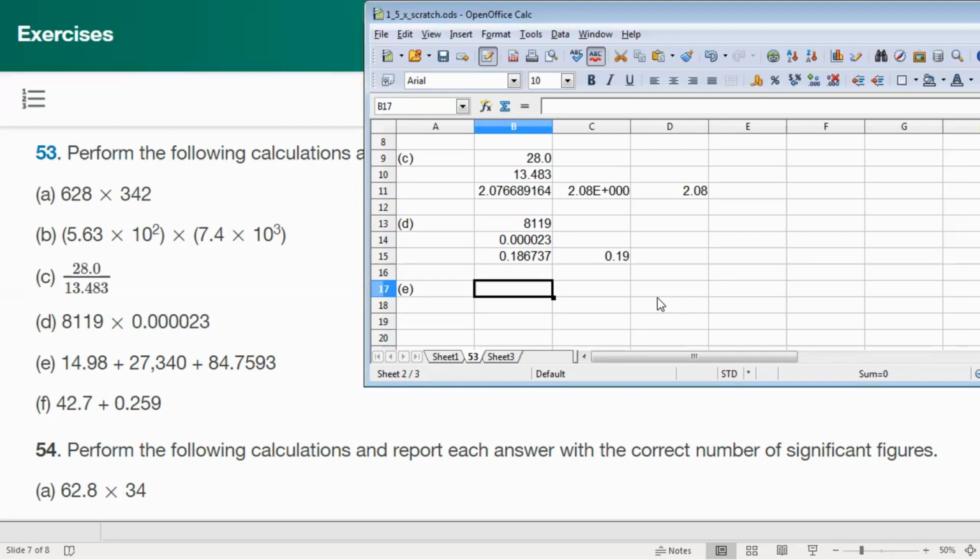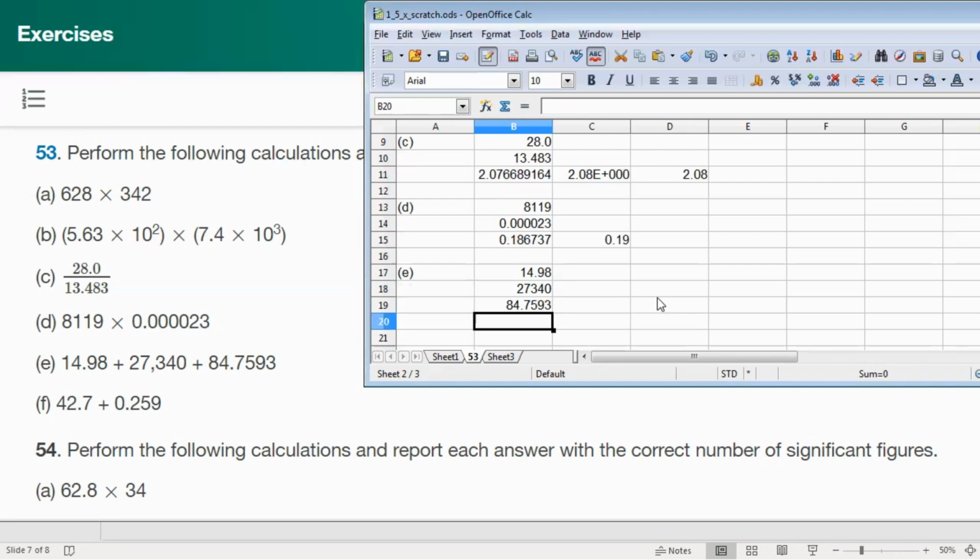All right. E is going to be interesting because this is an addition. It's 14.98, 27340, 84.7593. Now what we do in a spreadsheet, we could just simply type the word sum and just highlight all the cells that you want to add.